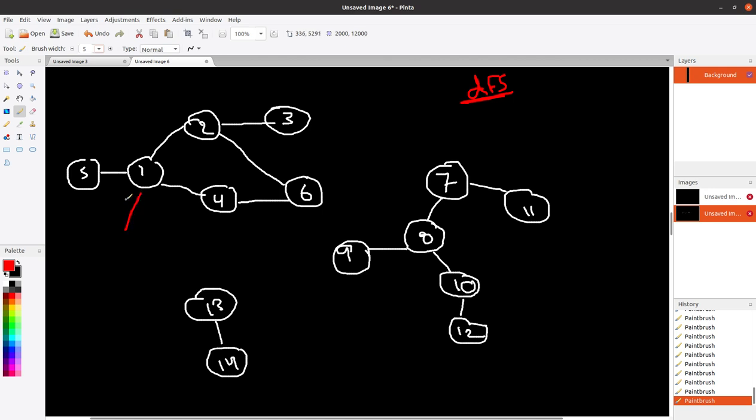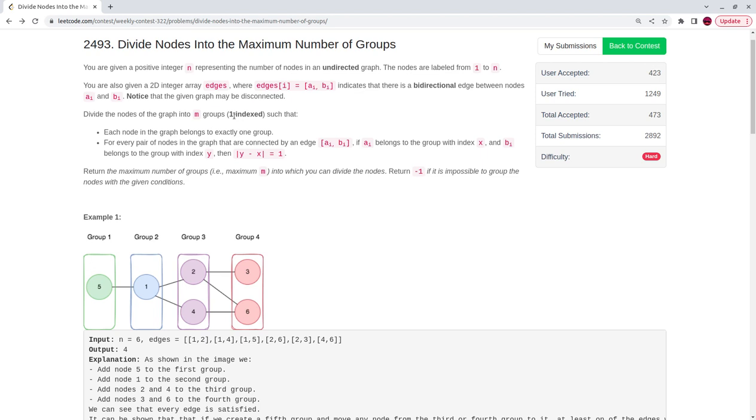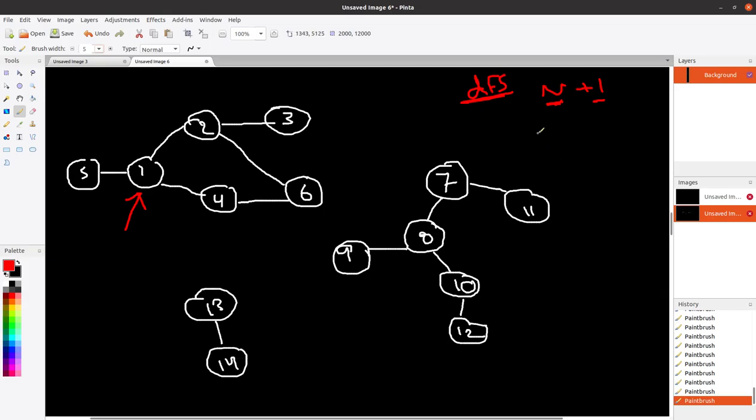Starting from node 1, we have a Boolean array of length n plus 1. n is the number of nodes in the graph, and plus 1 because the node numbers are 1-indexed. This Boolean array is initialized to false, and starting from node 1, we check if it's already visited. It's not, because its value is initially false.